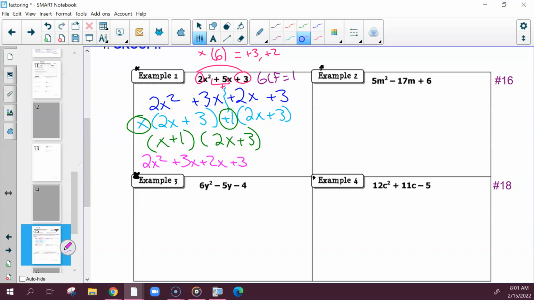And if I combine my like terms, I get 2x squared plus 5x. So that does work. Right now, what questions do we have on this process?